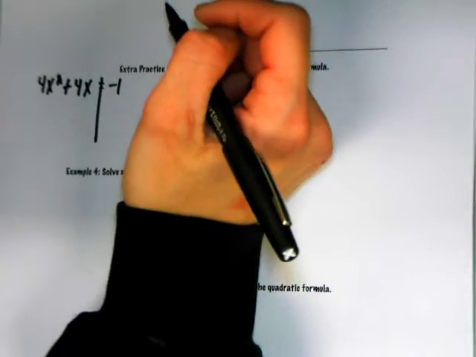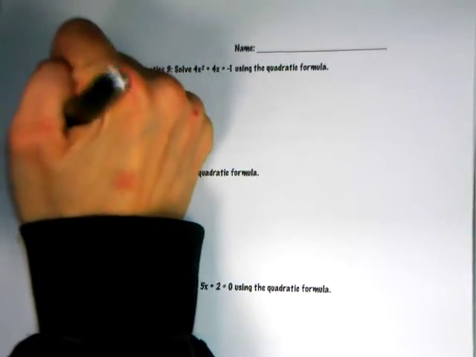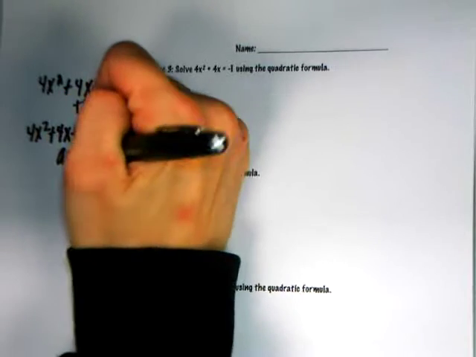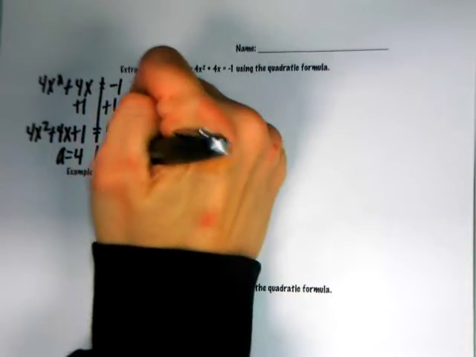How do I make it equal 0? Yep, add 1. So you have 4x squared plus 4x plus 1 equals 0. So what's A? 4, B is 4, and C.